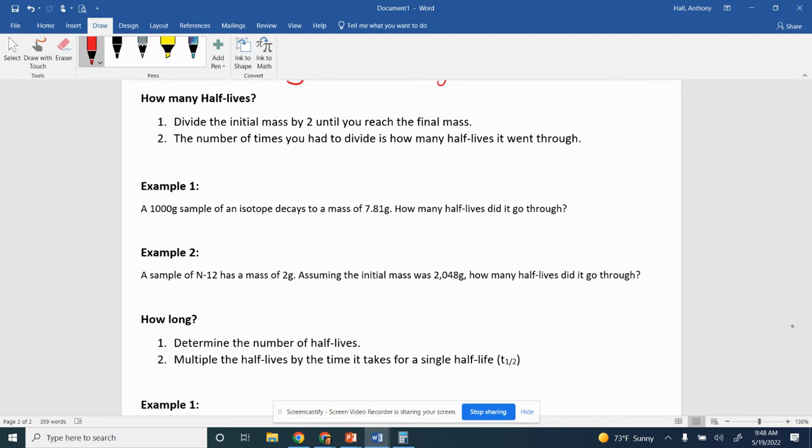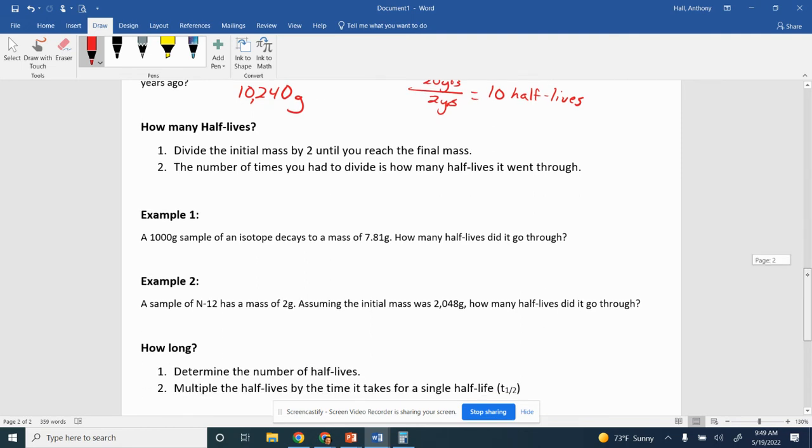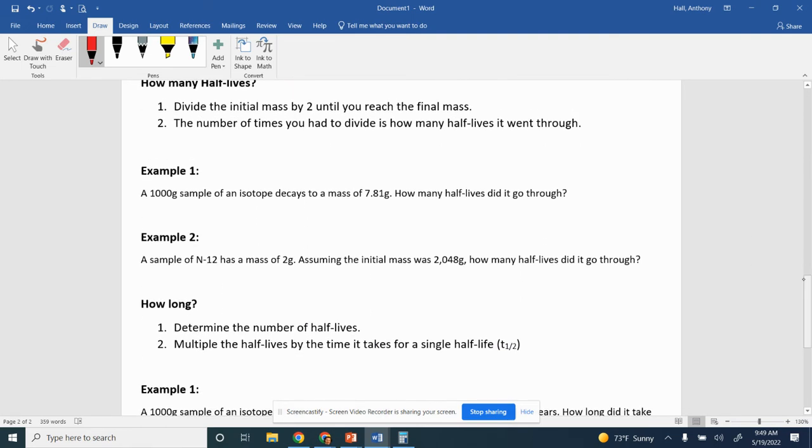We've already figured out how to find half-lives if we're given time, but in these, I'm not giving you the time. So how would we figure out the half-lives? Let's look. Divide the initial mass by 2 until you reach the final mass. However many times you had to do that, that is how many half-lives there were. So you don't even have to type any real stuff into your calculator. You're just going to divide by 2 until you get your answer.